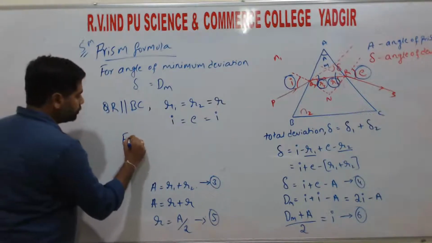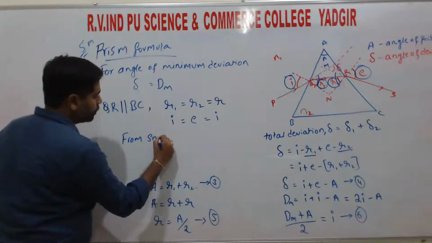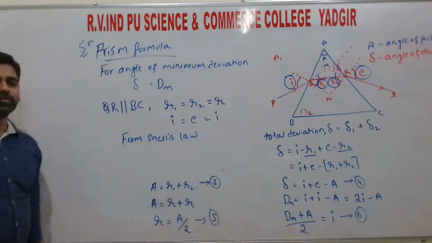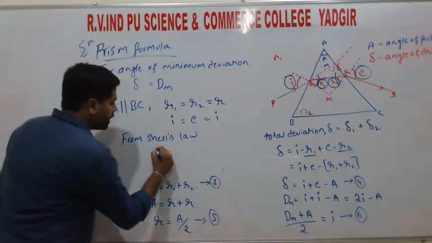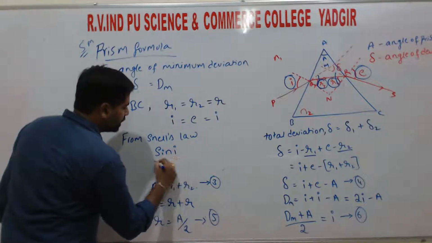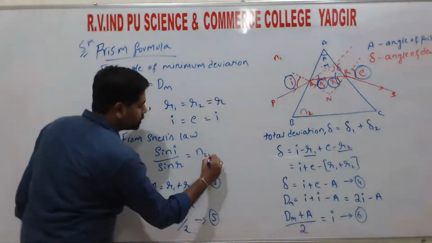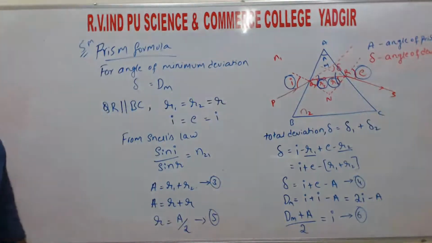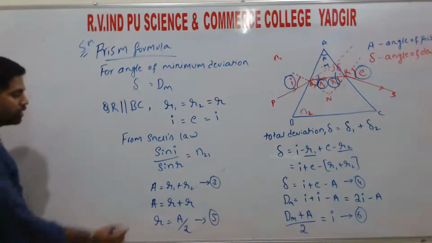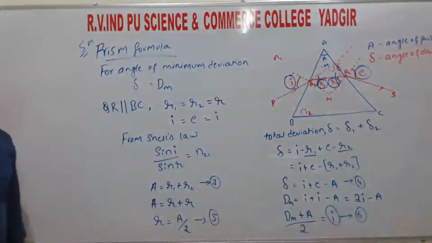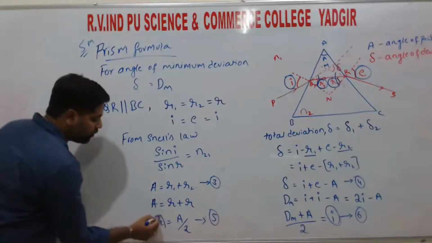Now from Snell's law, sine of angle of incidence to sine of angle of refraction is equal to the constant, that is the refractive index n21. So here we get the value of i, that is Dm plus A by 2, and also we get the value of r.